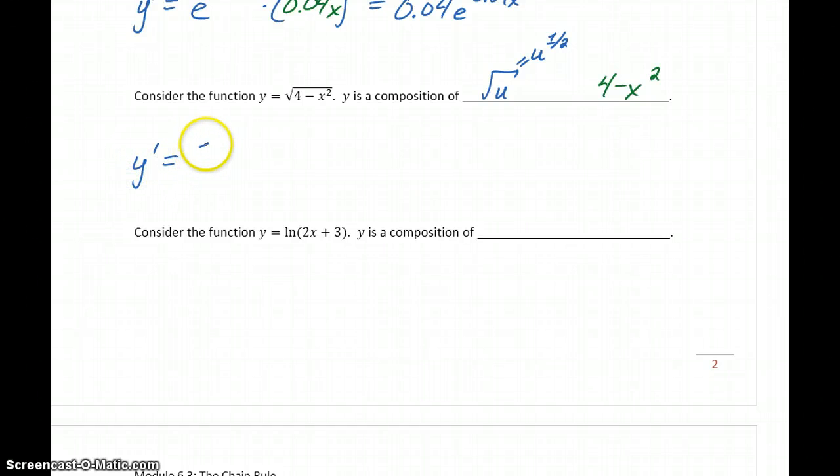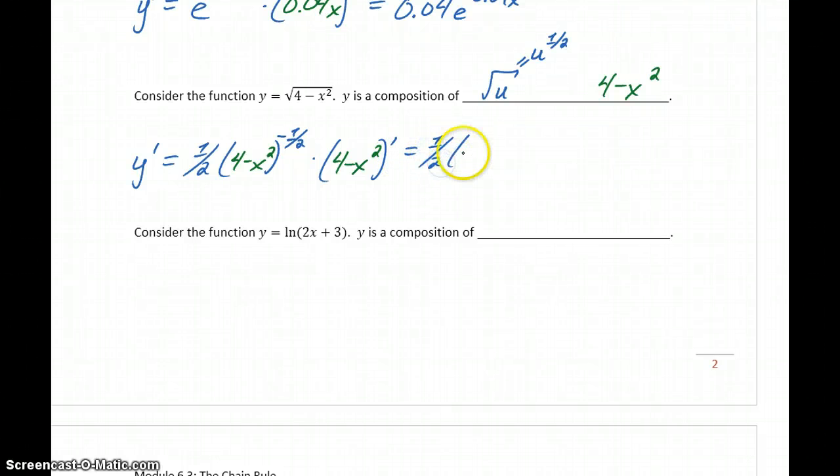So to evaluate y prime, this is going to be 1/2 times the quantity 4 minus x squared, now raised to the negative 1/2 minus 1, so to the minus 1/2, times the derivative of 4 minus x squared.